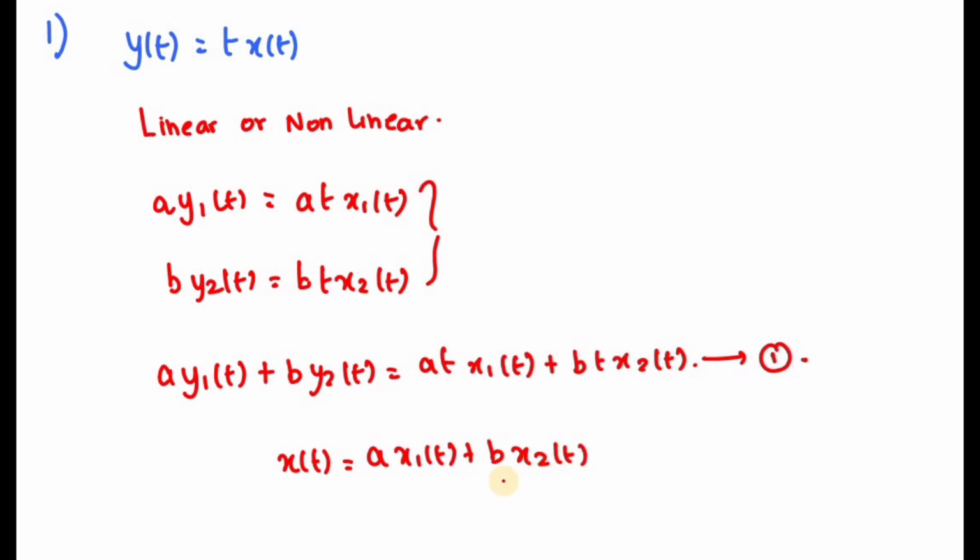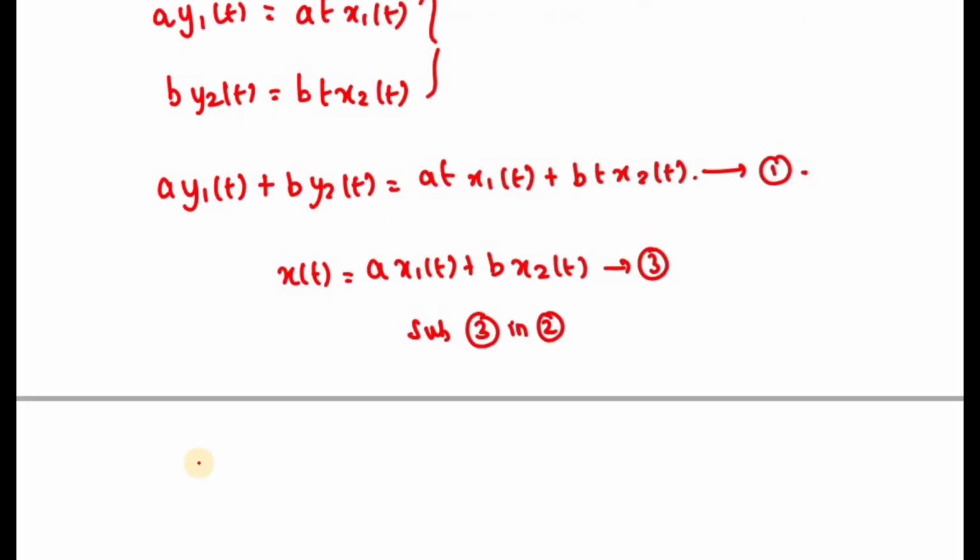Okay. So if I substitute in the second equation, I'll get y of t that is equal to t into a x1 of t plus b x2 of t. Okay.